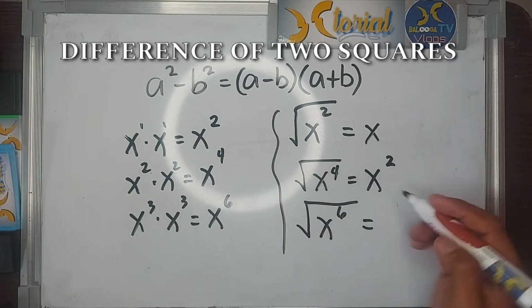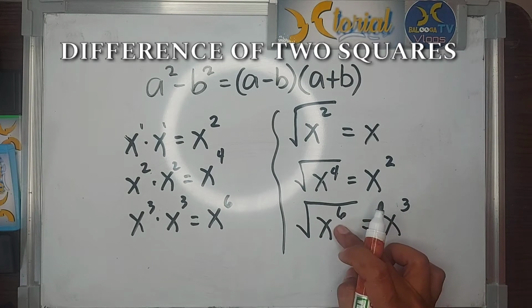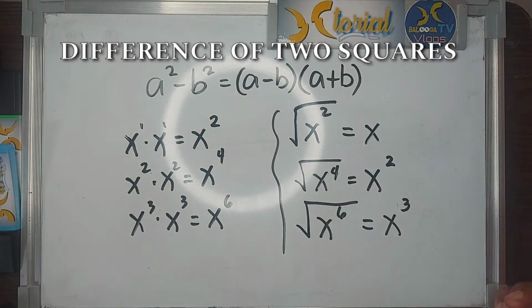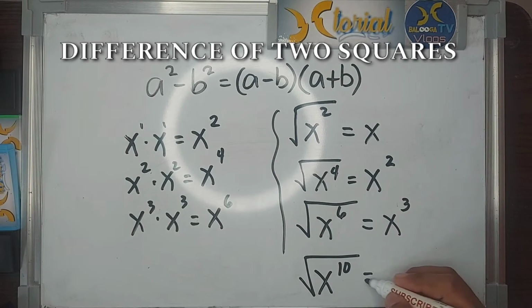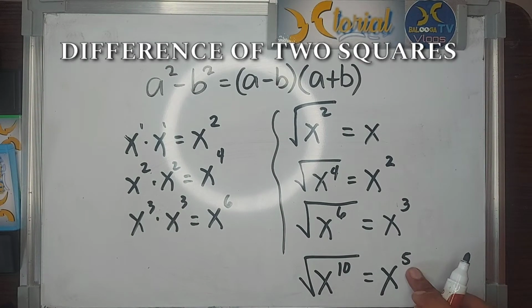Siya ay x cubed. Kasi nga, 3 plus 3 para maging 6. 2 plus 2 para maging 4. 1 plus 1 para maging 2. Ano naman ito? X raised to the 10th power. We have, okay, so x raised to 5. Kasi nga, 5 plus 5 is 10.